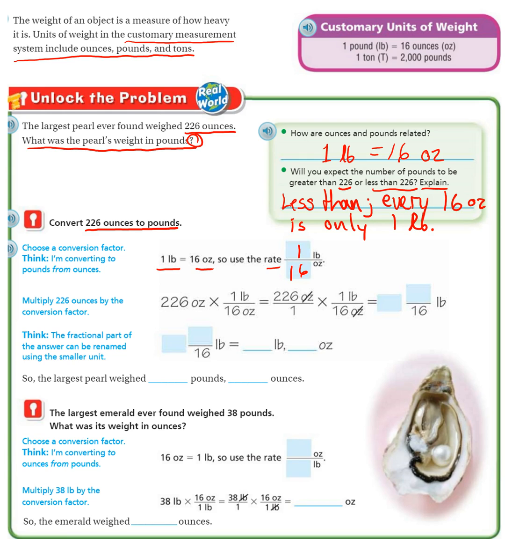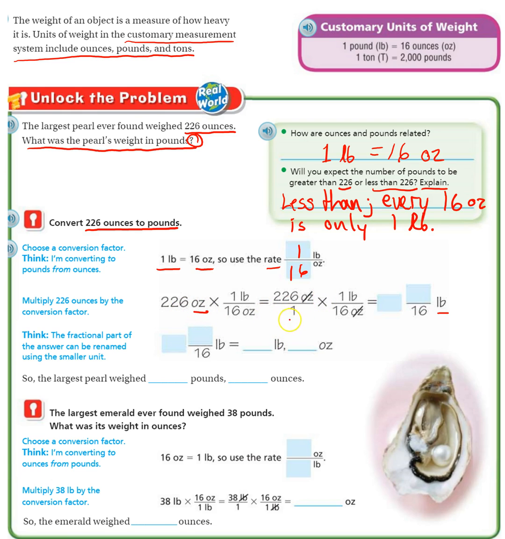Okay. And then we're at ounces, but we want to get to pounds. So we want pounds along the top. That's why we have pounds along the top here. 1 pound is 16 ounces. Multiply.